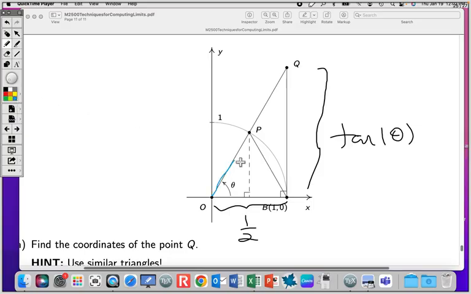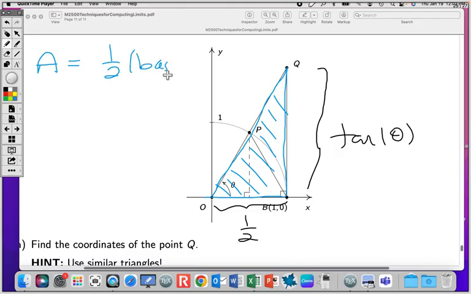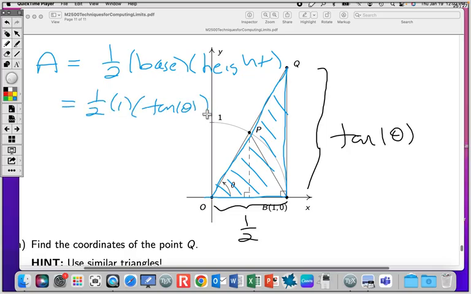So the area of this triangle, the blue triangle there, is 1/2 base times height, 1/2 times 1 times tangent theta, 1/2 tangent theta. That was part B.